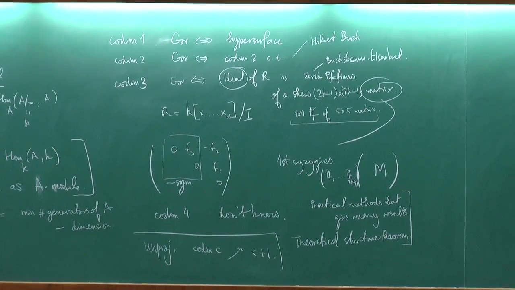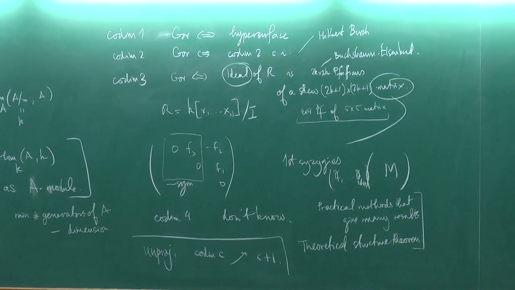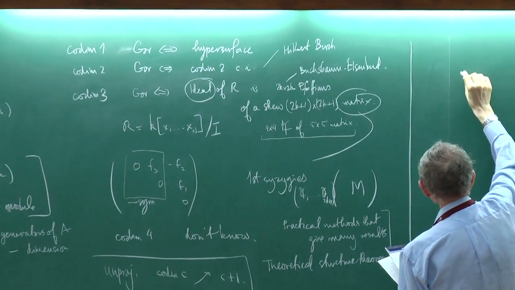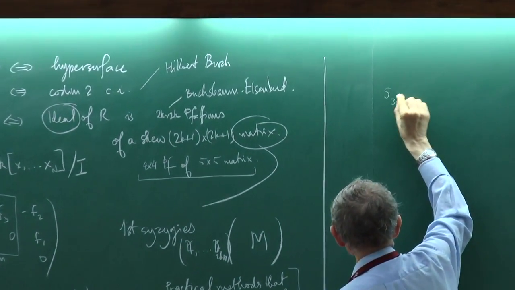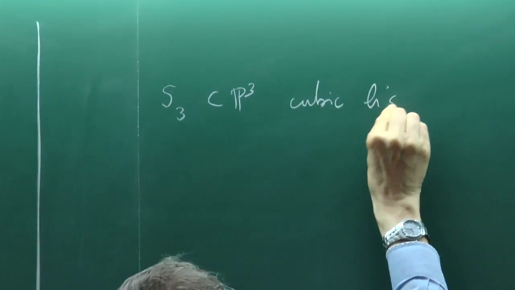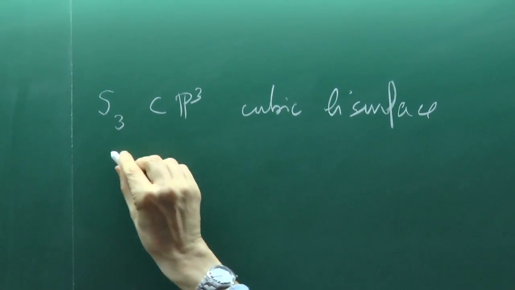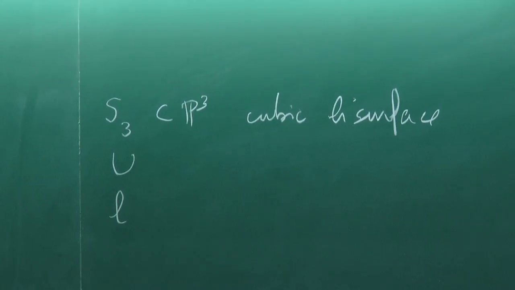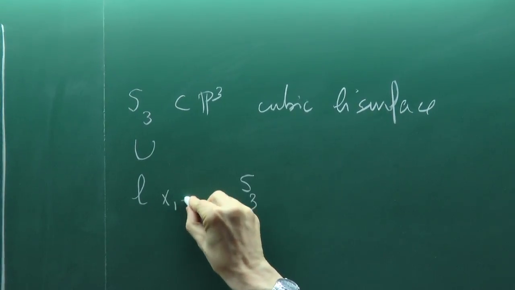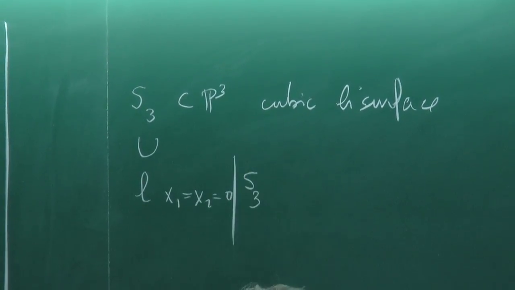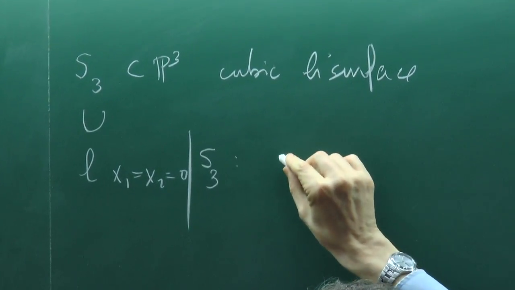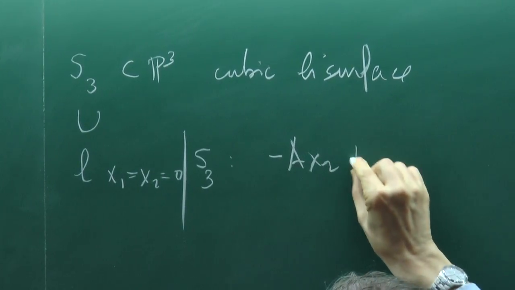How much time have I? Okay. Let me give some more simple examples that everybody already knows. If I take S3 in P3, a cubic hypersurface, and let's suppose it contains a line, with the line given by x1 equals x2 equals 0, then S3 might have equation, for example, minus a times x2 plus b times x1.